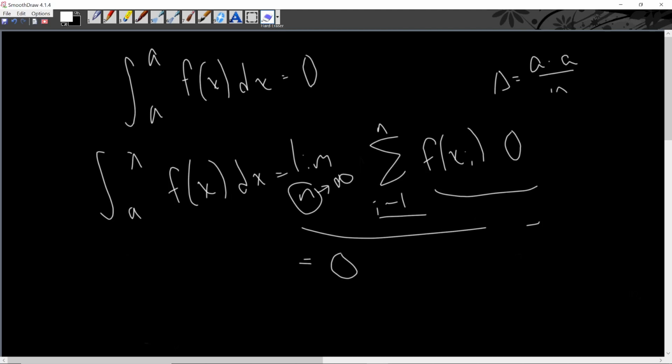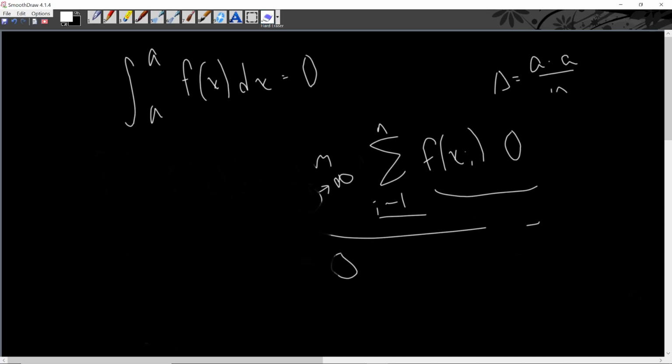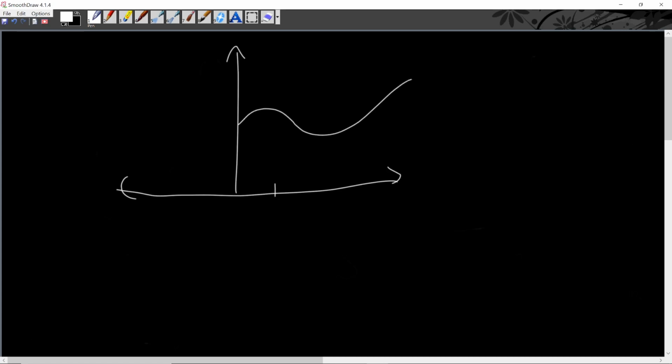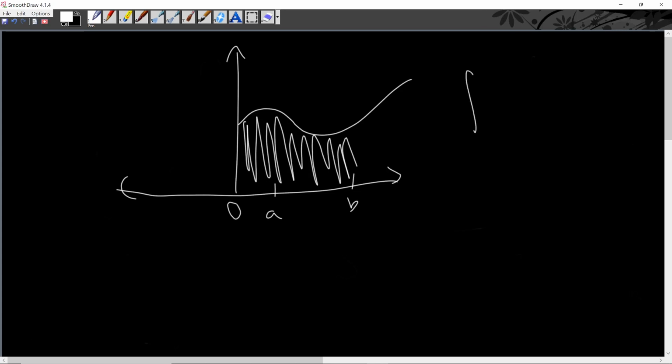And, let's see. We do need to talk about how to solve for this definite integral. That should be something I mentioned earlier. But essentially, let's go back to our drawings. We said that integration is supposed to be the antiderivative, right?